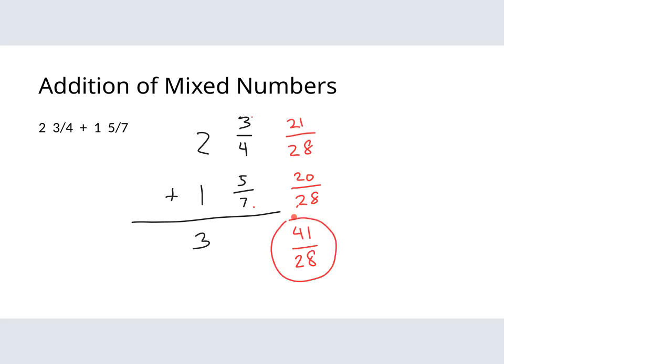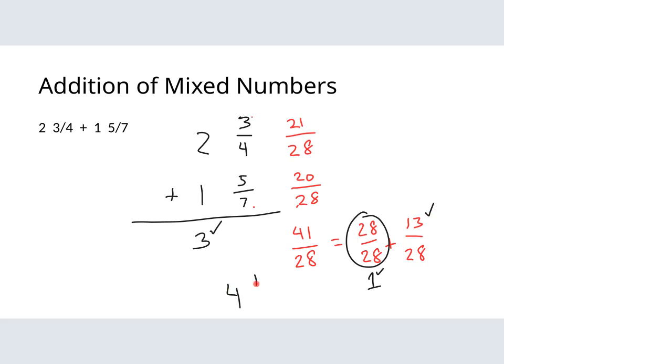This 41 28ths, well, really, that's just 28 28ths plus 13 more 28ths. And the reason I did the 28 28ths is because this is just 1. And so now what I've got is I have my 3 over here, my 1 right here, and my 13 28ths. Putting all those together, that's 4 and 13 28ths.